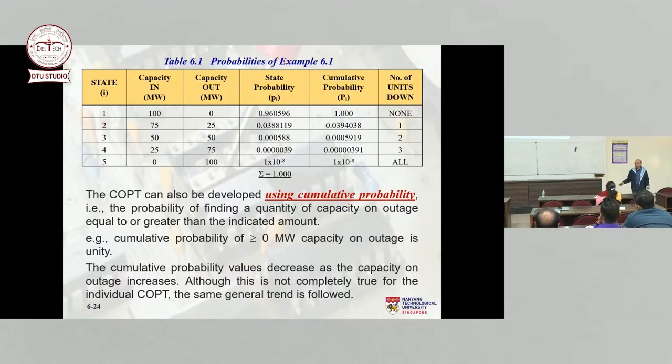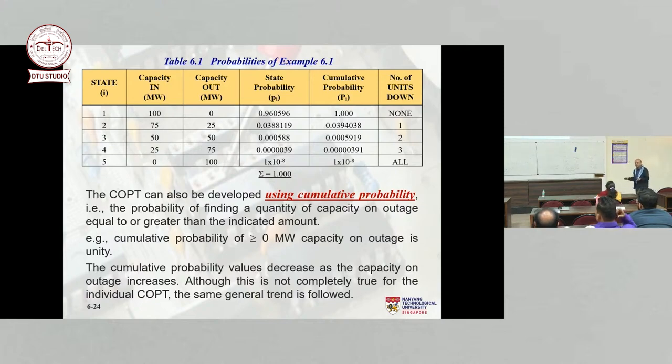Sometimes it's very useful because we say cumulative probability of 25 megawatt or more out of service. What is that? 25 megawatt or more out: capacity outage, 25 megawatt or 50 out or 75 out or 100 out. Instead of adding all these, you just look at this number. You know what I'm trying to say?